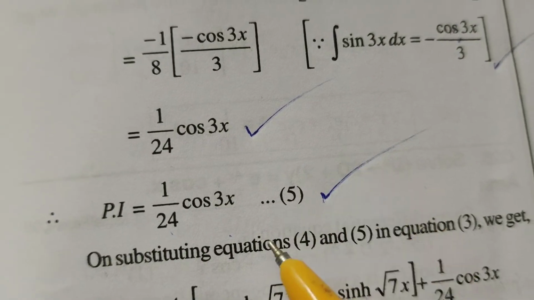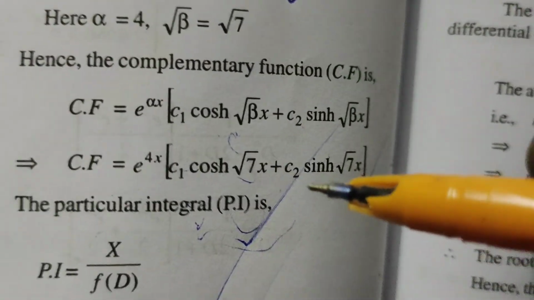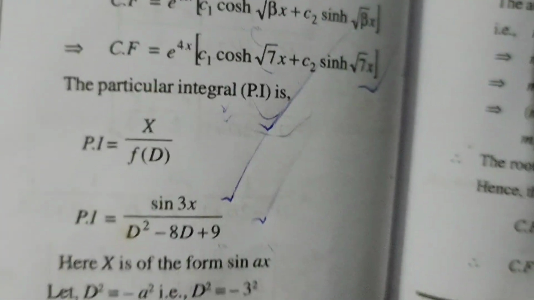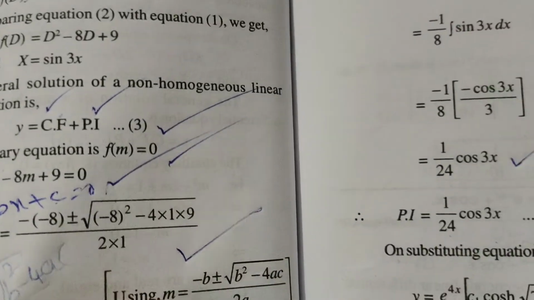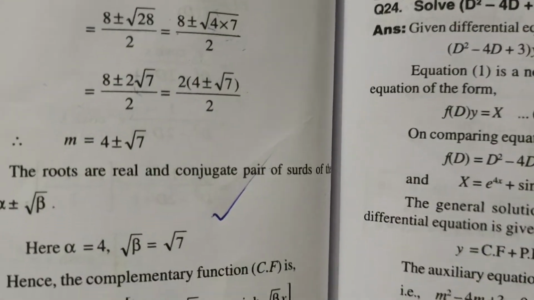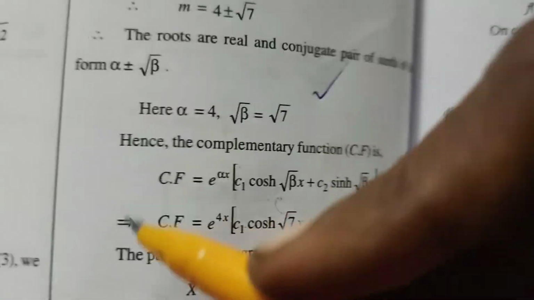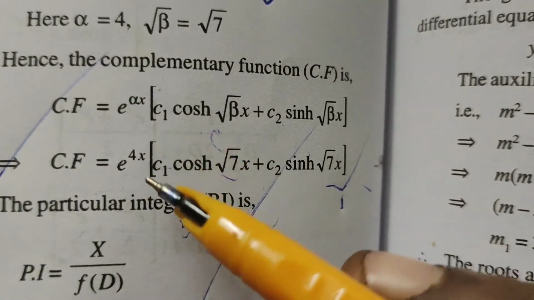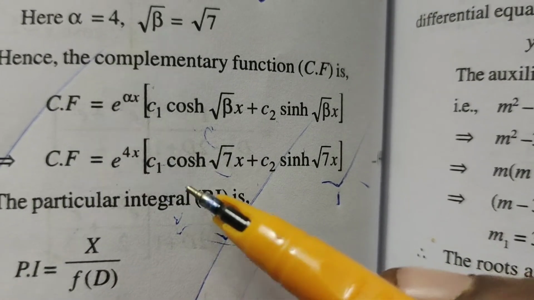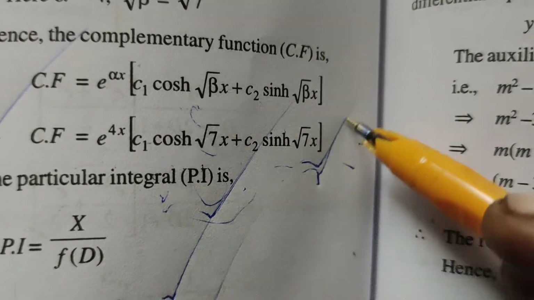Finally, equation number 5. Equation number 4 is the complementary function, e^(4x) (c1 cosh √7 x + c2 sinh √7 x).